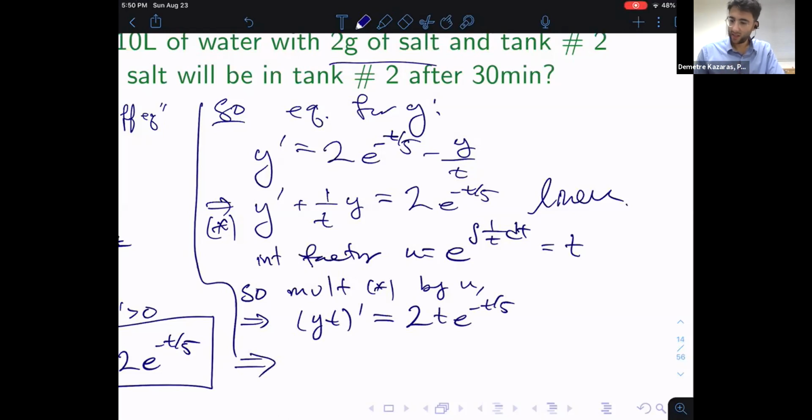Now we integrate, so yt is equal to 2 times the antiderivative of t e to the minus t over 5 dt. And now we have to integrate by parts, and a little bit of work.